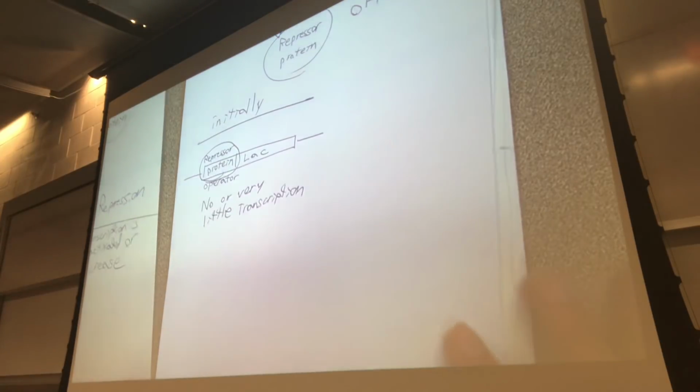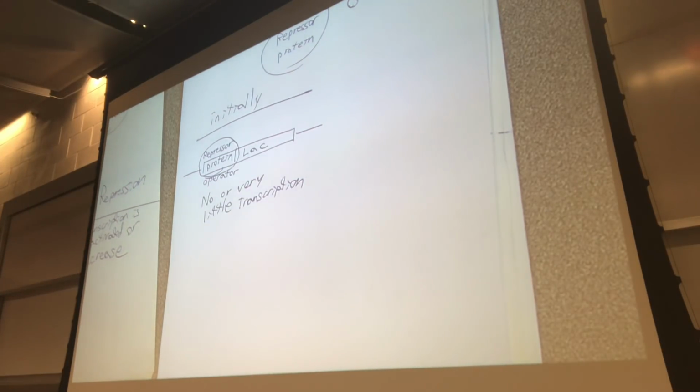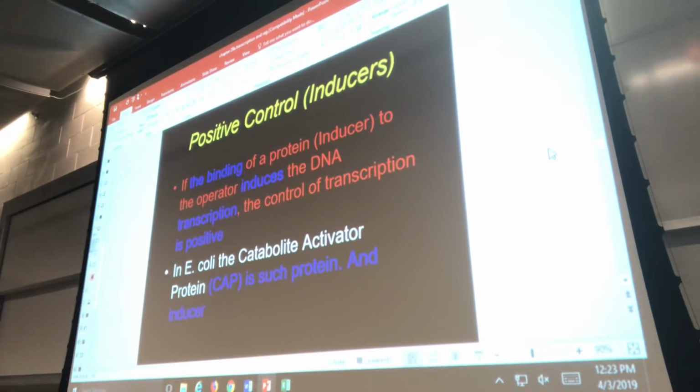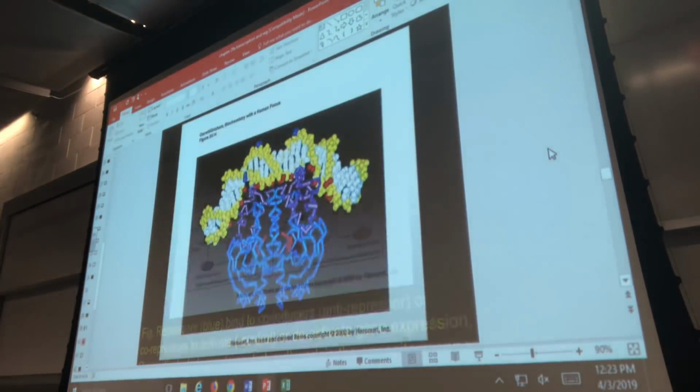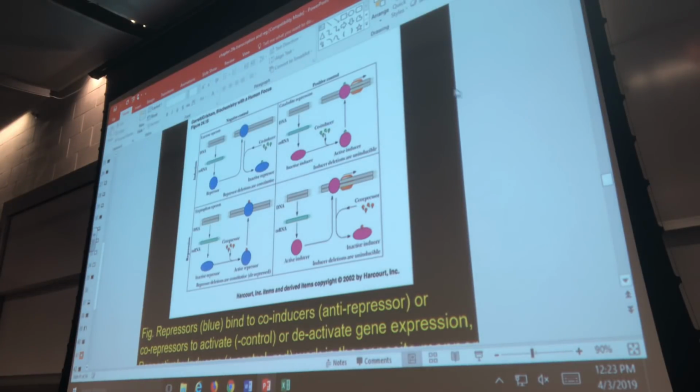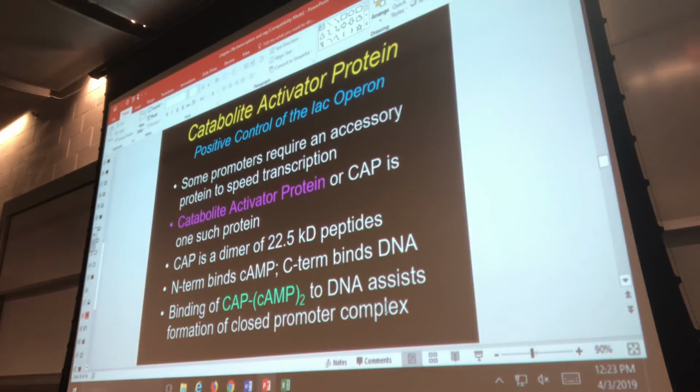What's going to happen is that there will be a co-activator. Or is it co-inducer? Let me make sure because I might be getting the eukaryotic term mixed up. Let me make sure I don't give you the technically wrong term here. It is co-inducer. Yeah, I used the wrong term there. Co-inducer. Okay.